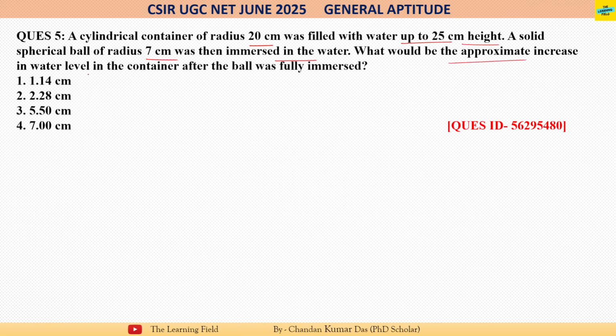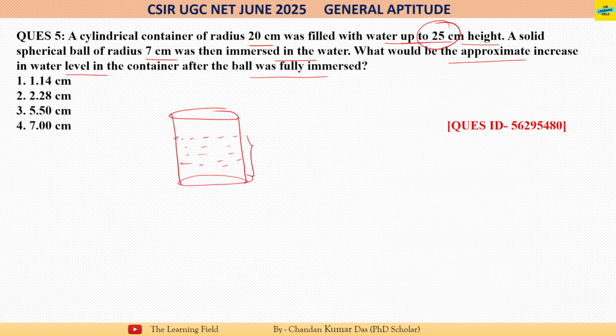What should be the approximate increase of water level in the container after the ball was fully immersed? So suppose this is a cylindrical jar or container. Suppose up to this portion there is water. So this water height is not required to solve the question.